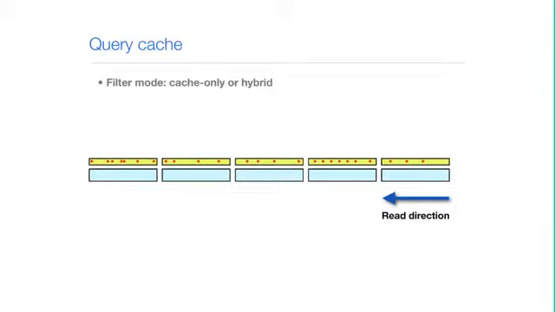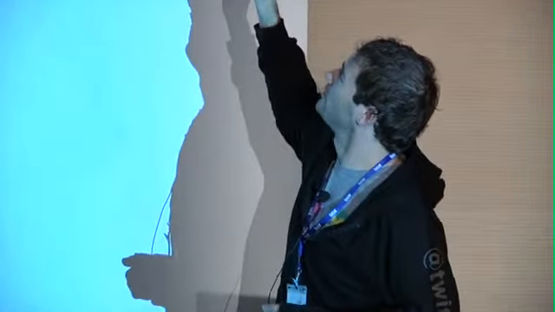If you think again about it, we read the posting list in this direction, and we append in that direction, right? So a situation that may happen is that we have a partially filled segment, the one that we are currently appending to here. So maybe it's 25% filled up, and the index writer is currently appending to it. At that point, we want to run that cached query that produces the yellow box.